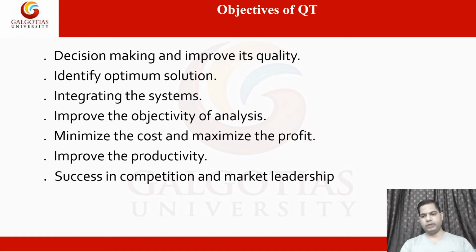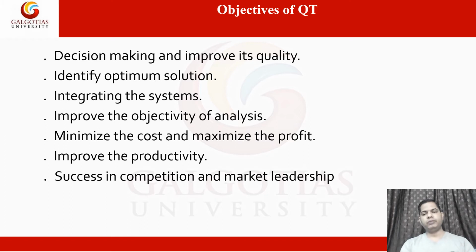Whatever analysis we are doing, we have to improve its objectivity. The next point is to minimize the cost and maximize the profit. Whatever we have understood till now, the optimization is that we minimize the cost and maximize the profit.